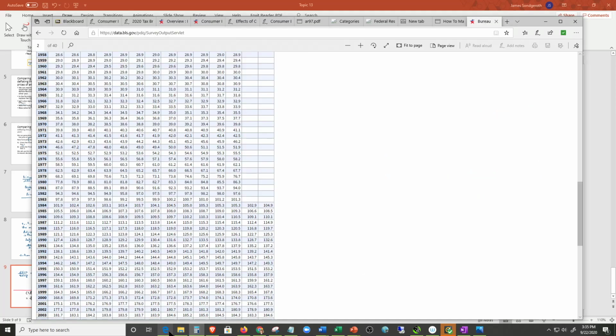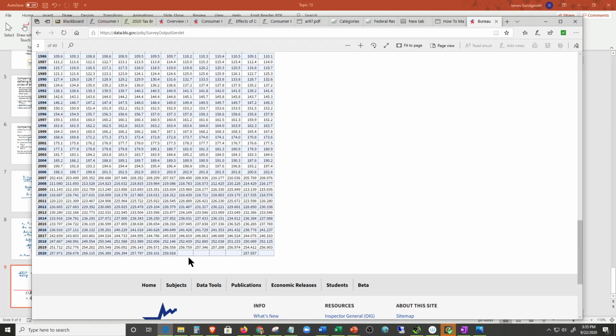Let's look at this thing again. And we have from July to August. Let's find out what the inflation rate was from July to August of this year. So let me write this down so I don't have to come back to it.